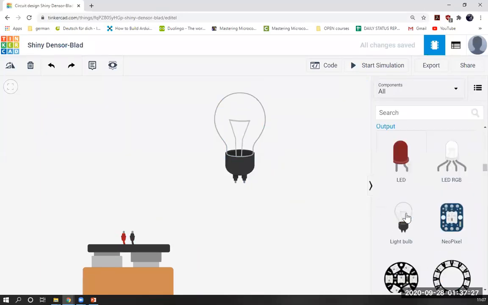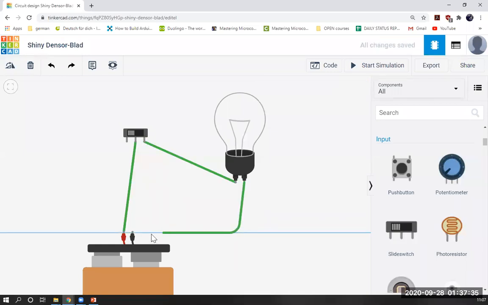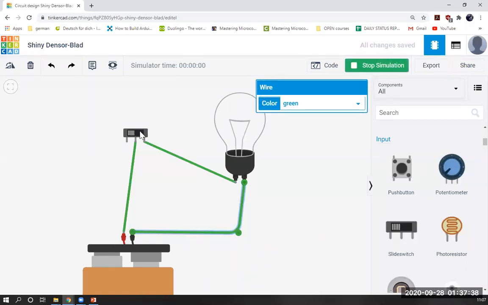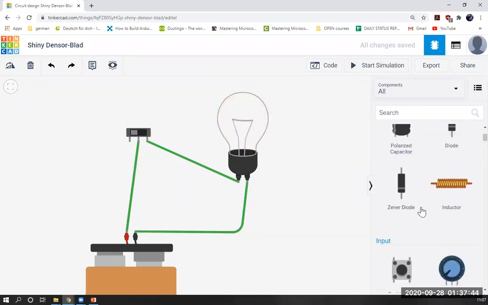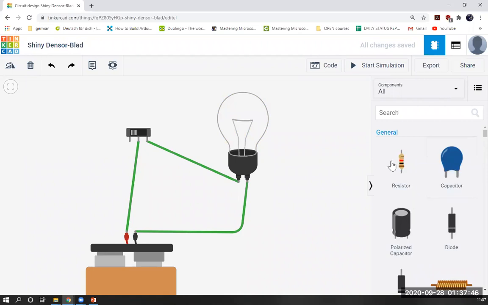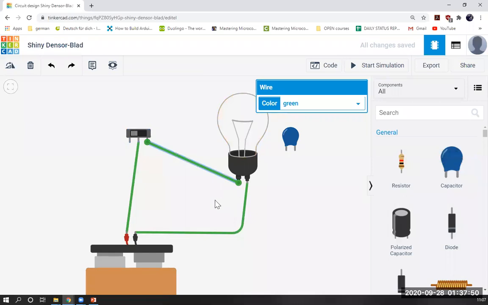And I will get one switch also. I will connect this switch over here. This is coming directly here and like this. So you can see it is turning on and off, simple, like we did before. Now I will get one capacitor. I will use this one. There is no issue with any kind of capacitor.